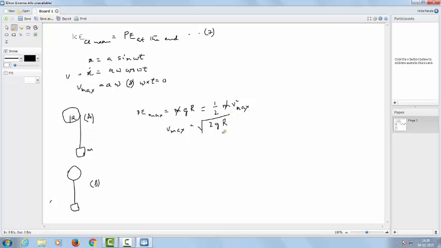Now we know that velocity maximum would be equal to r times omega, because r is the amplitude of the motion. So this should be equal to square root 2g times r. Therefore omega will be equal to square root 2g divided by r.